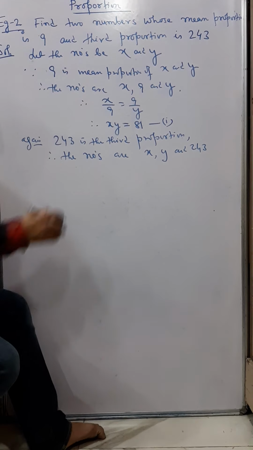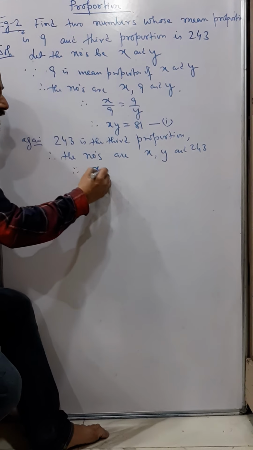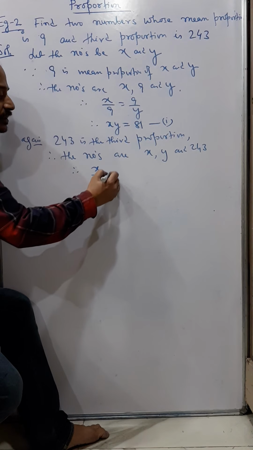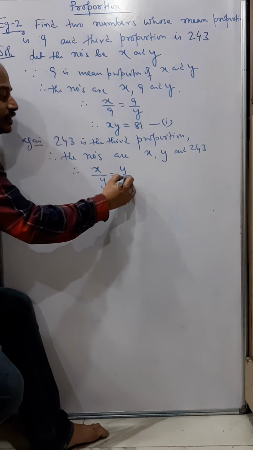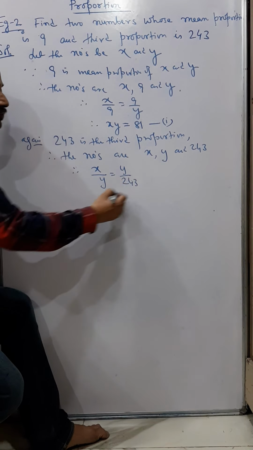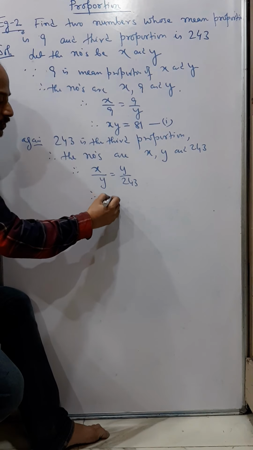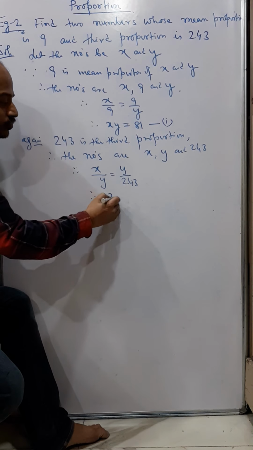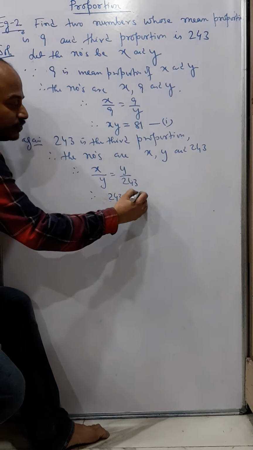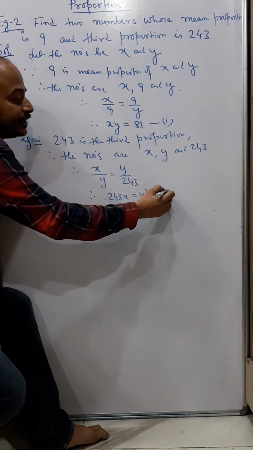So there is a third proportion. Now in this case what we can say that x by y equals y by 243, and finally what we got 243x equals y square, right? Let this be equation 2.